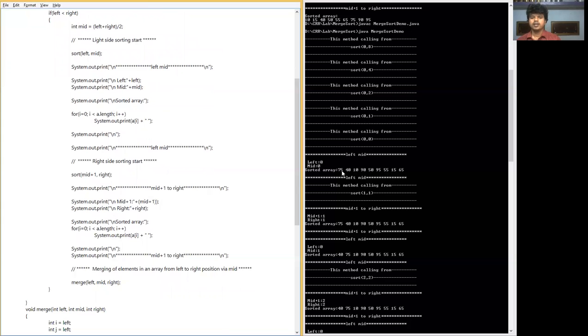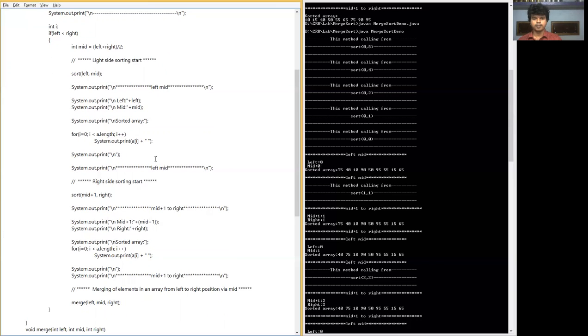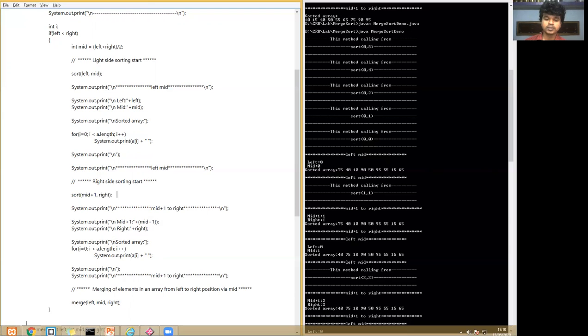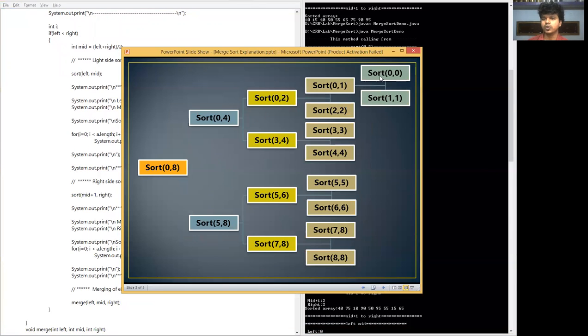Then after completing left mid, we are going to call sort mid plus 1, right. Here mid plus 1, right is nothing but sort 0, 0. This sort 0, 0 came from 0, 1.